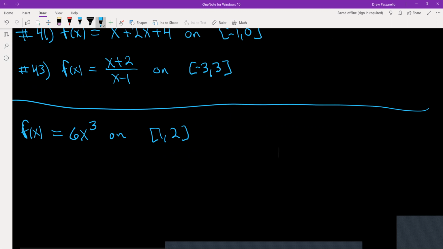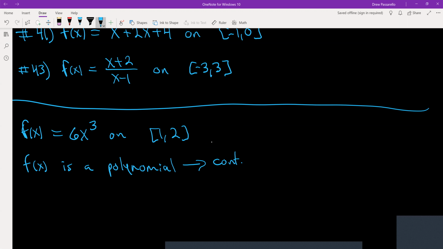All right, so we need to check two conditions. We need to check, is it continuous on the closed interval, and is it differentiable? And 6x cubed, this is a polynomial. So f of x is a polynomial. And recall, polynomials are continuous and differentiable everywhere.